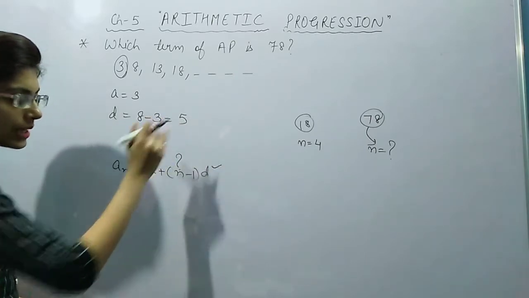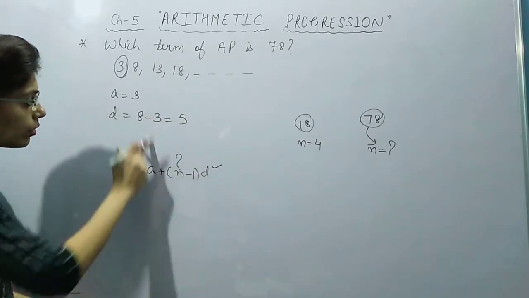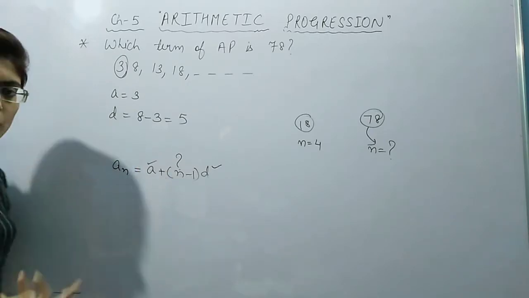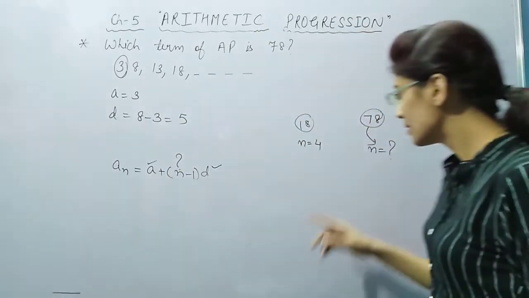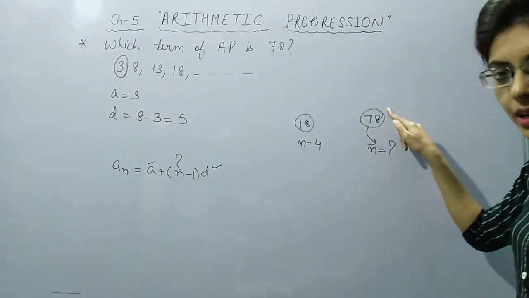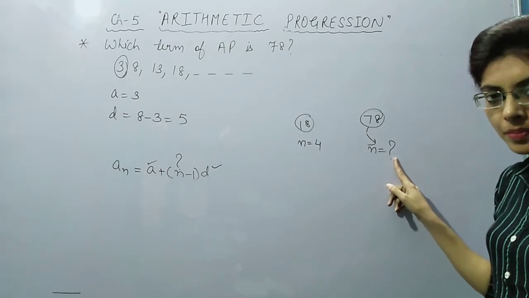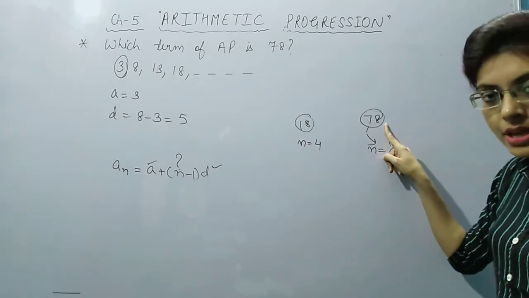d is calculated, a is given, but what is an? an is 78. Here we have to find the value of n, that is, the nth term. The nth term is 78.